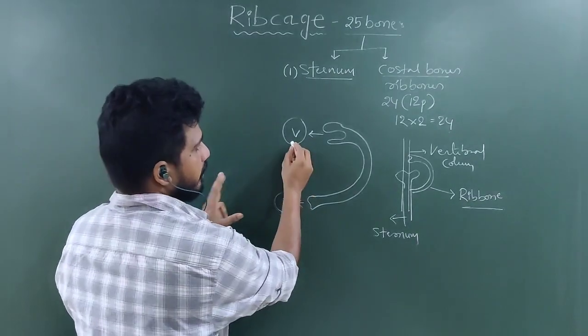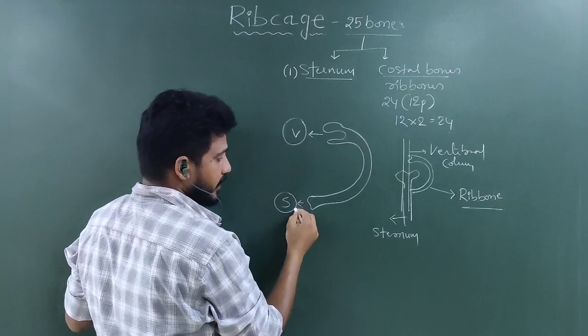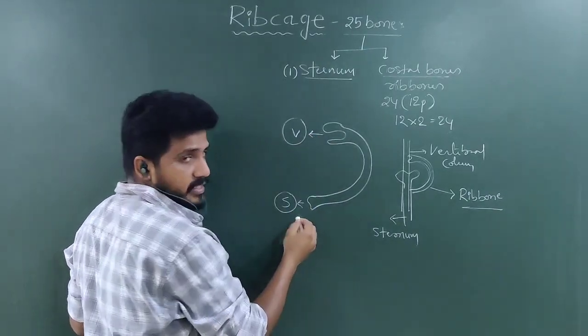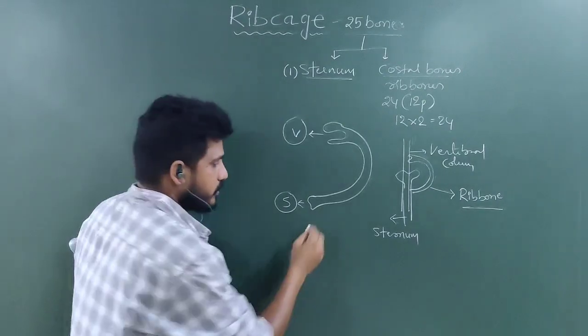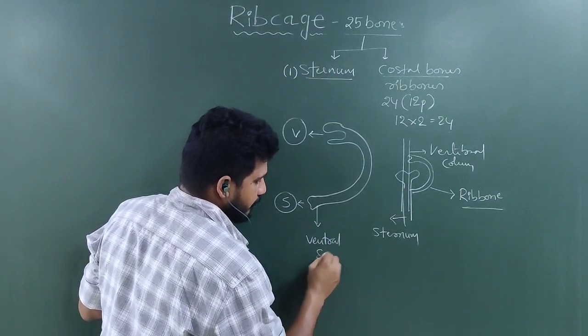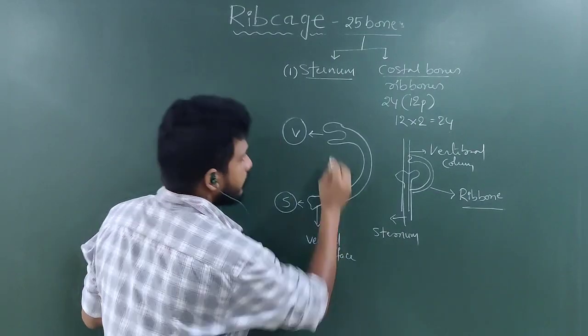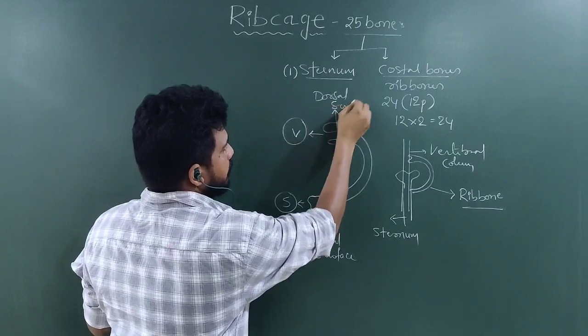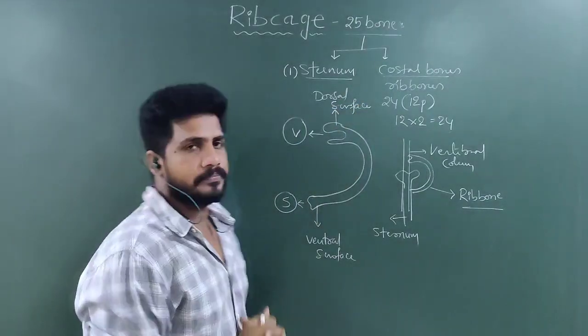So this is the ventral surface and this is the dorsal surface. I am talking about a single rib bone.